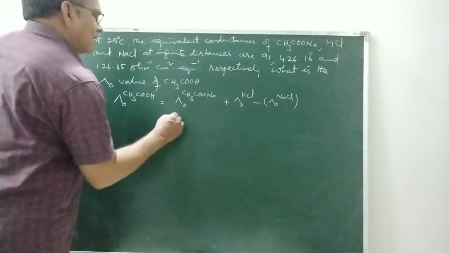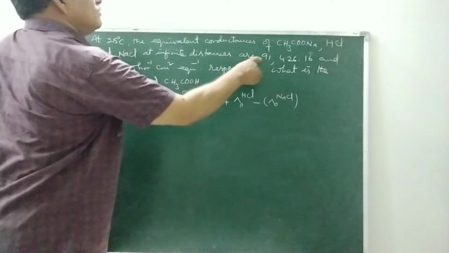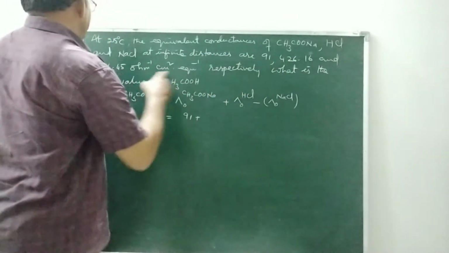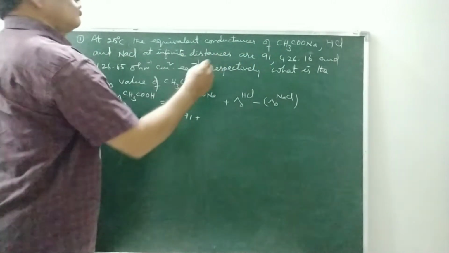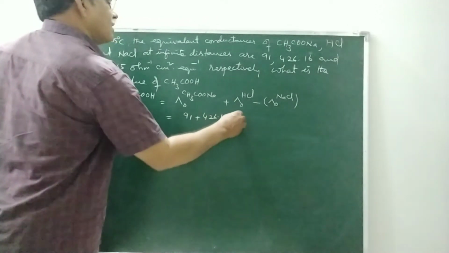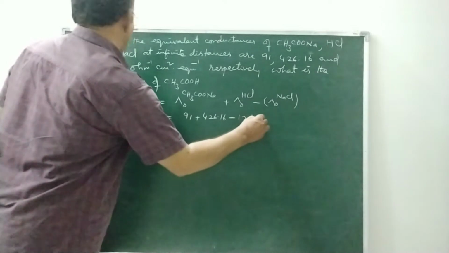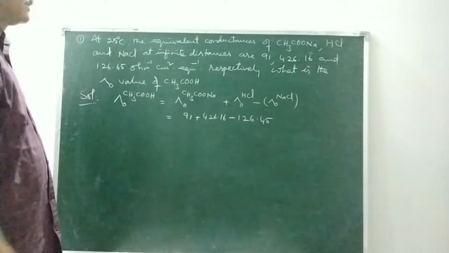So here lambda naught CH3COONa is 91 plus lambda naught HCl, that is 426.16, minus lambda naught NaCl, 126.45 ohm inverse centimeter square equivalent inverse.